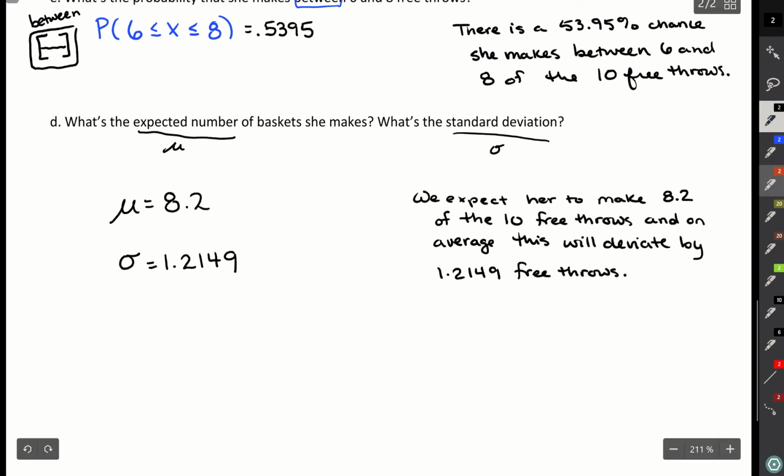So for the wording here, feel free to adjust so that it makes more sense in context. Just be sure to approximate. So like we expect her to make about 8 of the 10 free throws, and on average this will deviate by about 1 free throw. So just be sure to adjust that wording if you decide to round.